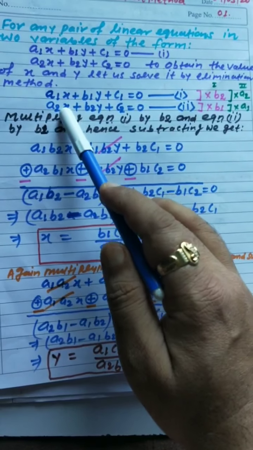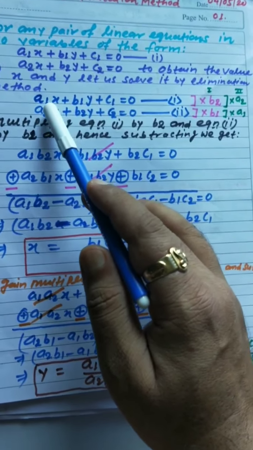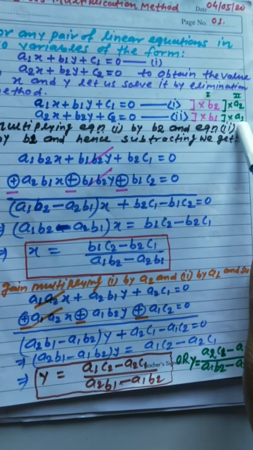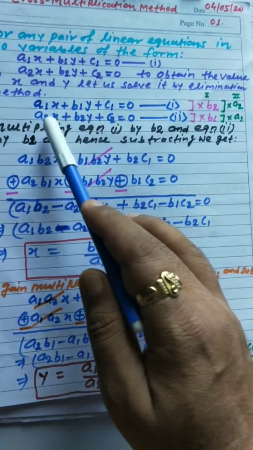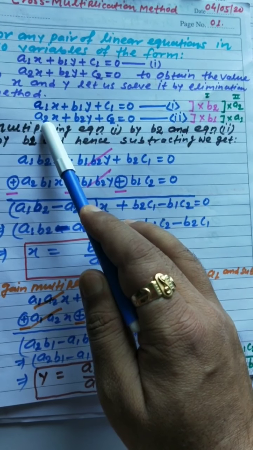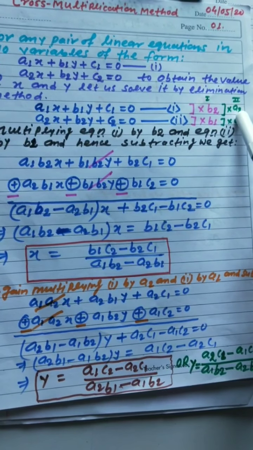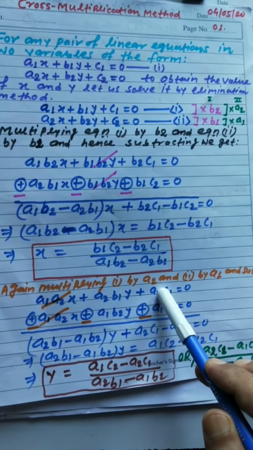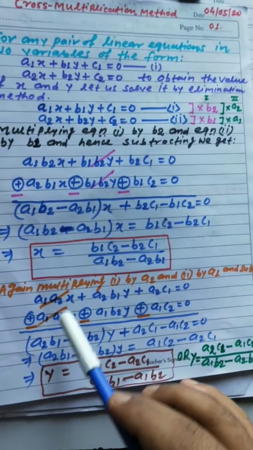The coefficient of x in equation first is a1, so we multiply equation second by a1, and the coefficient of x in equation second is a2, so equation first is multiplied by a2. Again multiplying first by a2 and second by a1 and subtracting.